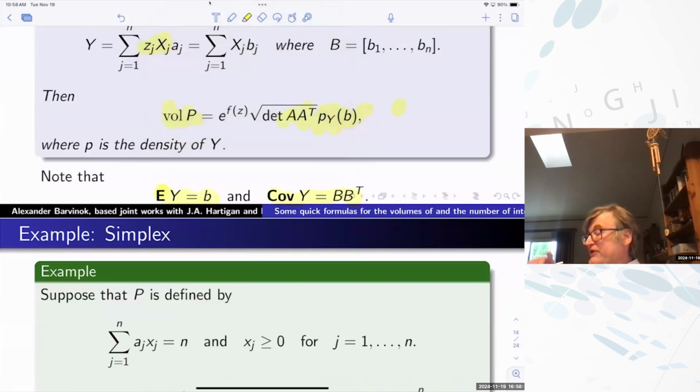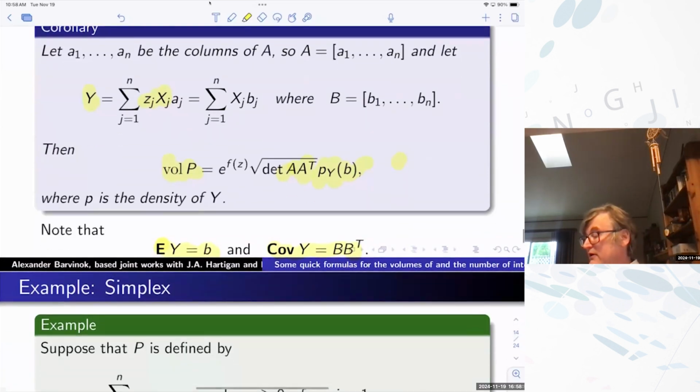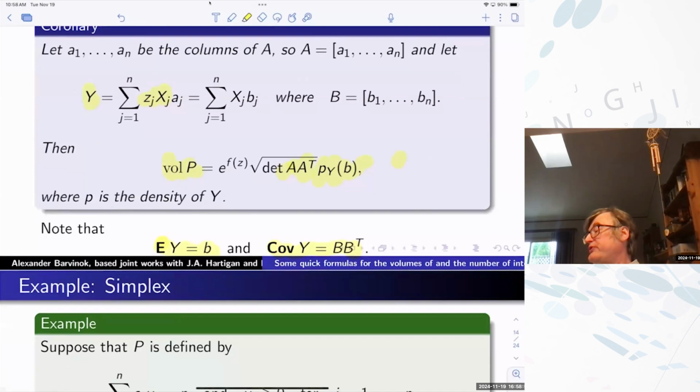And then the last thing that you need to know is that this is a log-concave random variable. So the density is log-concave. It's isotropic, and you want to estimate its density at its expectation.